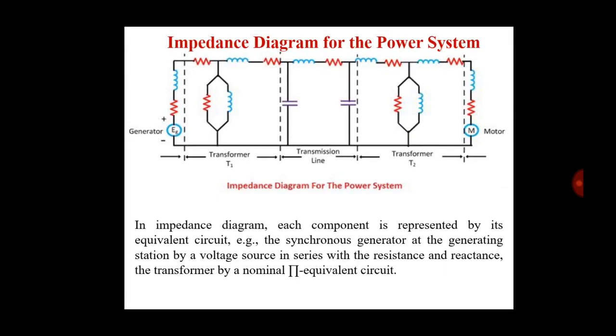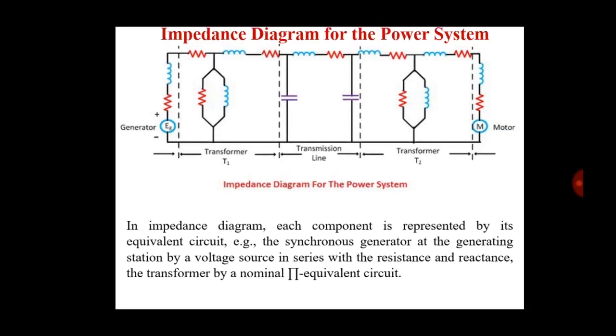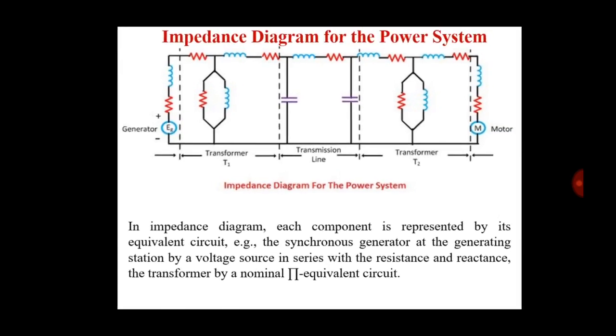So in a power system we use all the components in the form of impedance. This diagram is said to be the impedance diagram for the power system. In an impedance diagram each component is represented by its equivalent circuit.